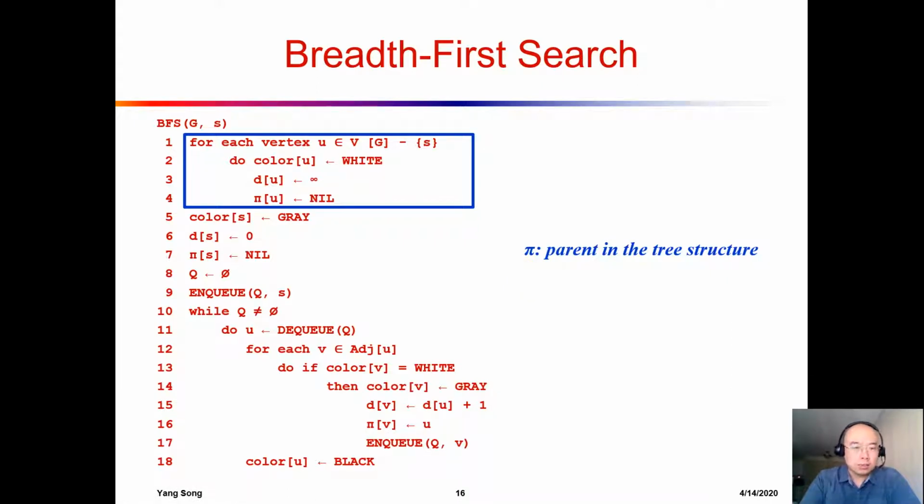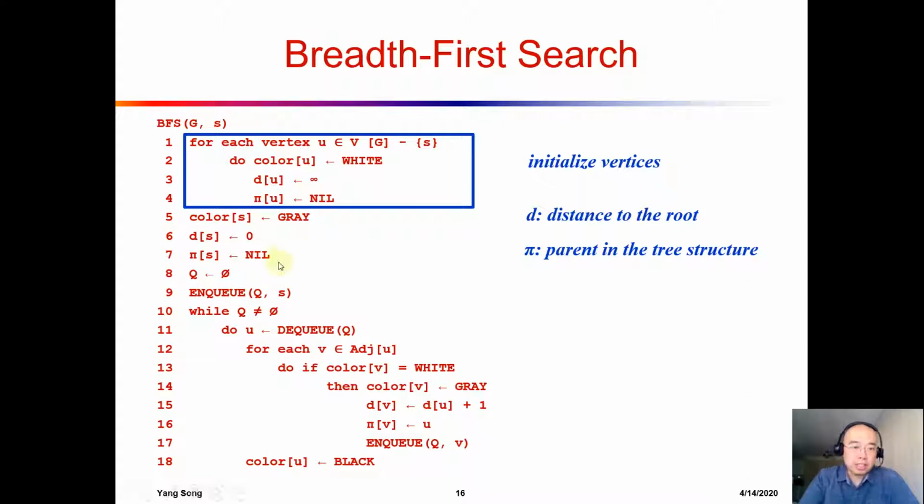So for each of the nodes, as long as it is not a root, it should have a parent, right? And for the d, it is the distance to the root. So if the current node itself is the root, then the distance to the root is 0, or if the current node is a direct child of the root, then the distance should be 1. Okay, so for this iteration, we just initialize the vertices.